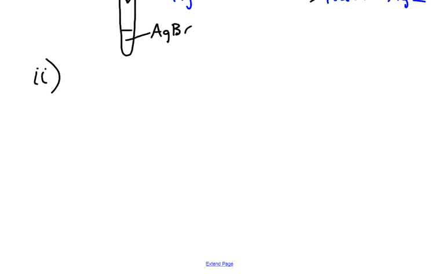Which salt has a greater value Ksp, AgBr or AgI? So which one has a greater Ksp? What does that mean? It means that one dissolves easier or faster or has a higher solubility, however you want to view it.